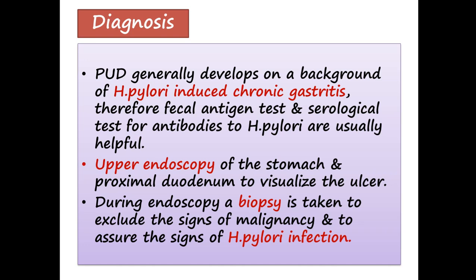But particularly for peptic ulcer disease, we will use upper endoscopy. We introduce the endoscope through the oral cavity, esophagus, and stomach up to the duodenum. By using endoscopy, we can directly visualize the ulcer. During endoscopy, we take a biopsy from the lesion and examine this specimen.